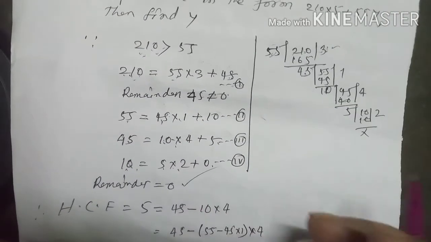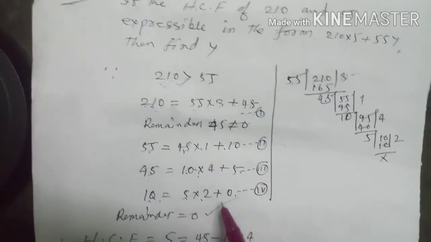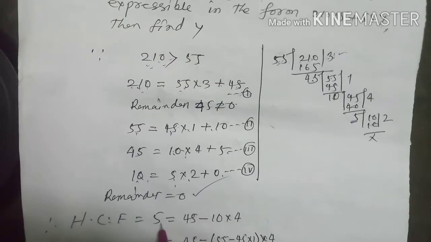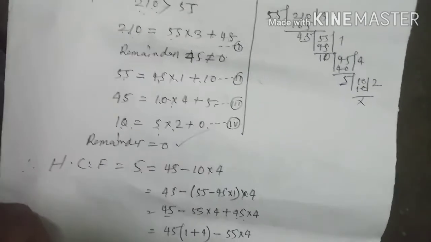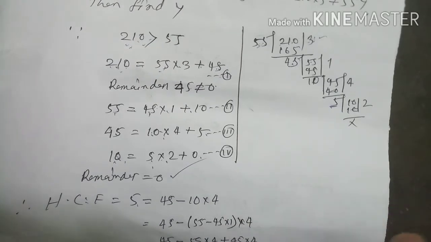Now the remainder is 0. Then we have the HCF of the two given numbers. The last divisor is the HCF of the two given numbers. HCF equal to 5. We have to express this HCF as a linear combination.